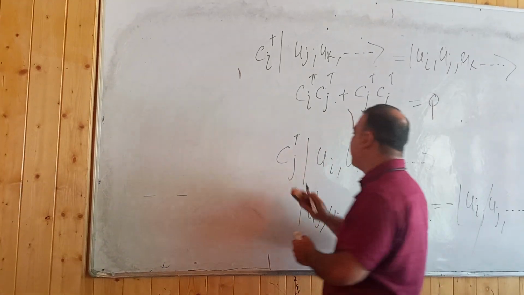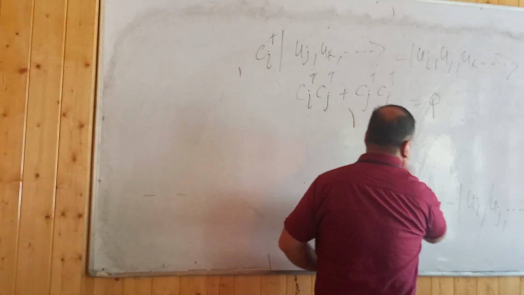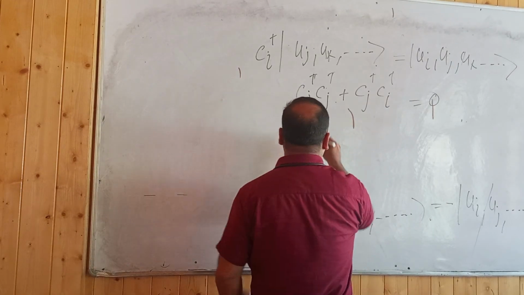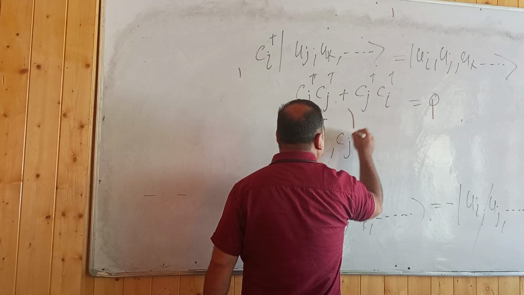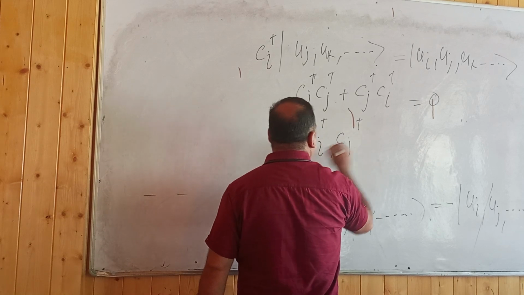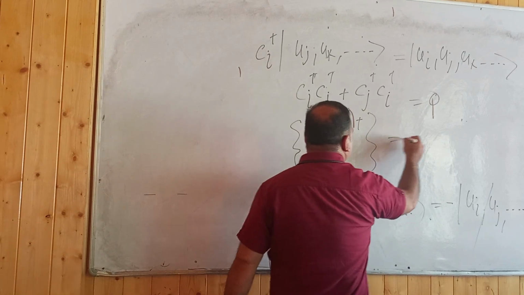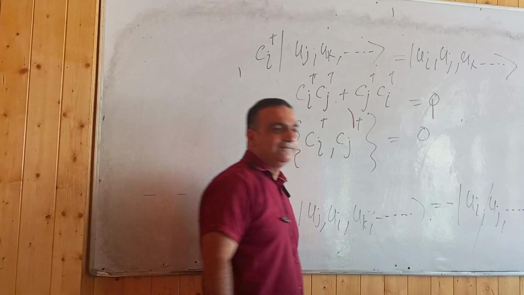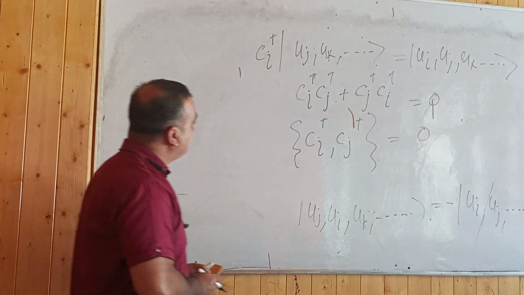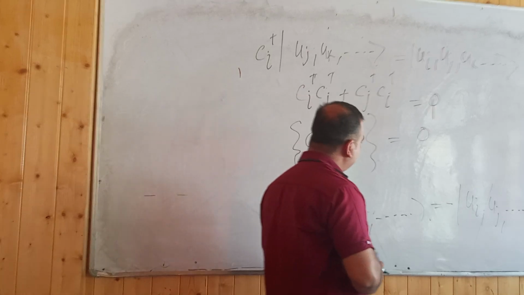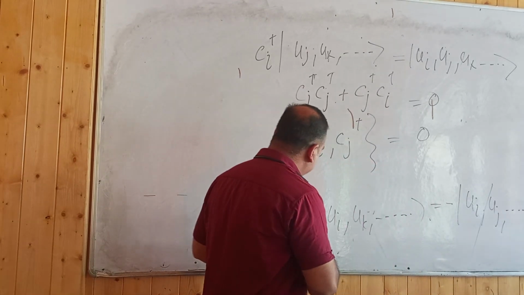So that means what you have? You have Ci dagger, Cj dagger. Their anti-commutation leads to 0. Is this clear? This is clear.